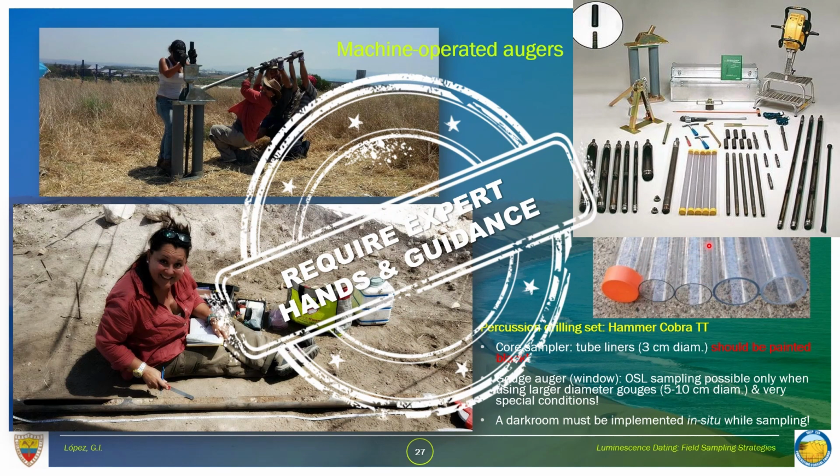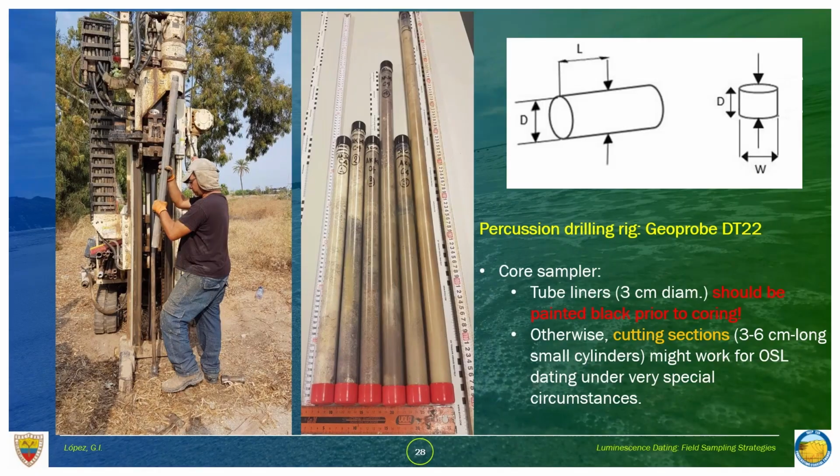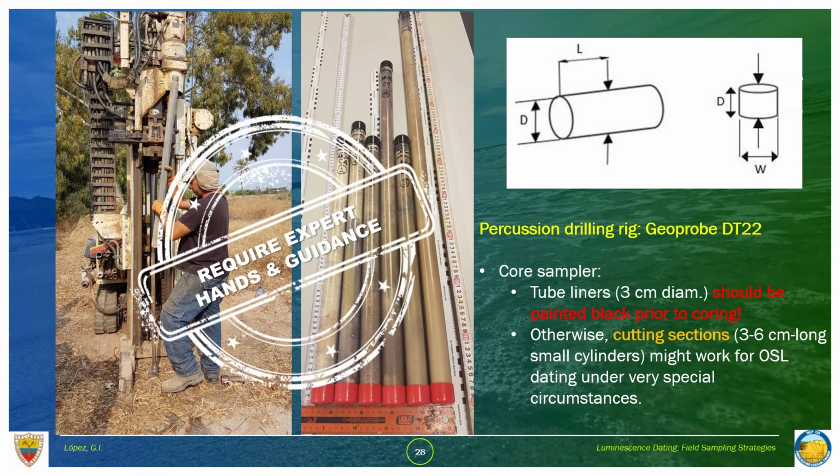And here, if you split open one of these, you're going to have actually less sediment than the previous continuous cores that I showed you. In this case, you're going to have to cut a little section out of these liners in order to get enough material to get suitable grains to date. So again, this requires expert hands and guidance.